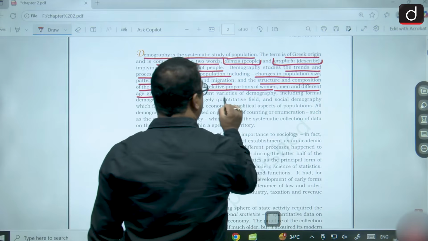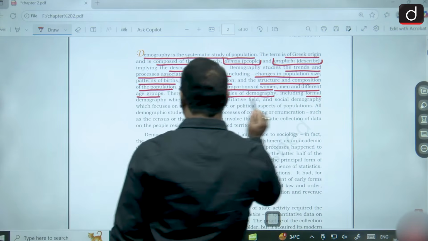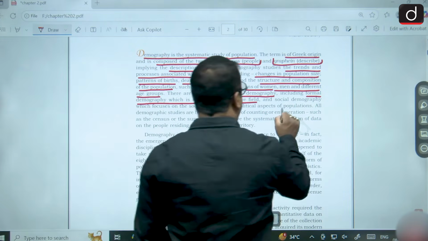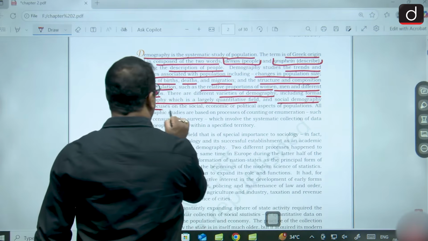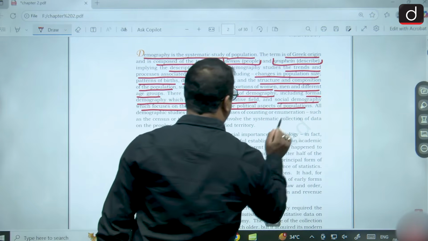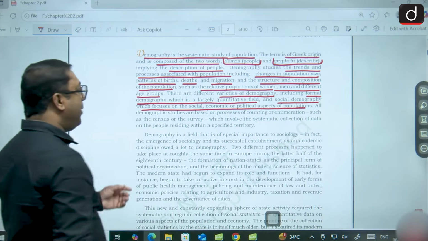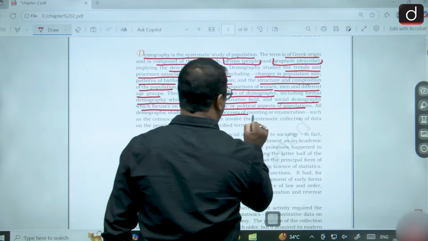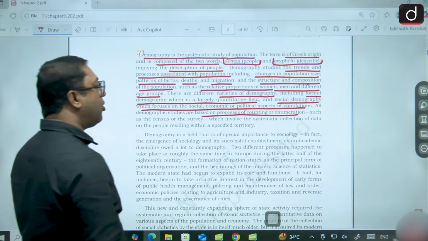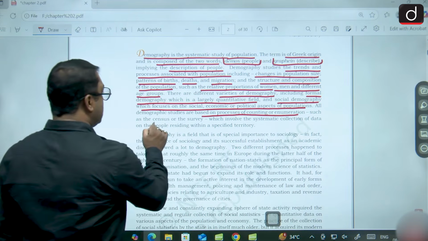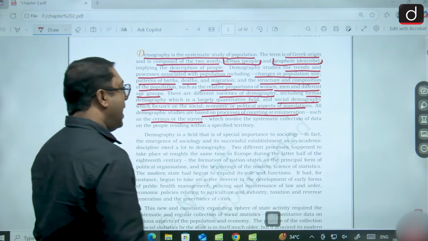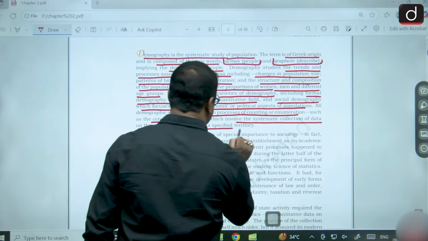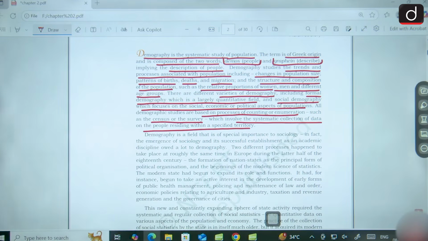There are different varieties of demography, including formal demography, which is a largely quantitative field, and social demography, which focuses on the socio-economic aspects of the population. Demographic studies are based on counting or enumeration, that is surveys or census, and this involves a systematic collection of data on people residing within a specific territory.